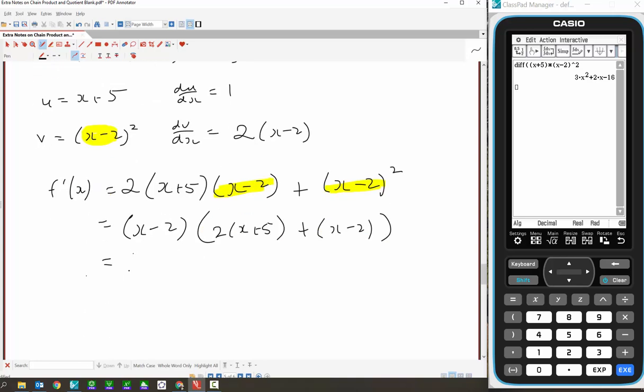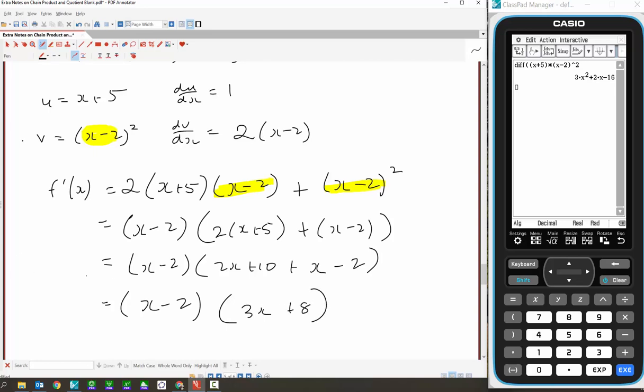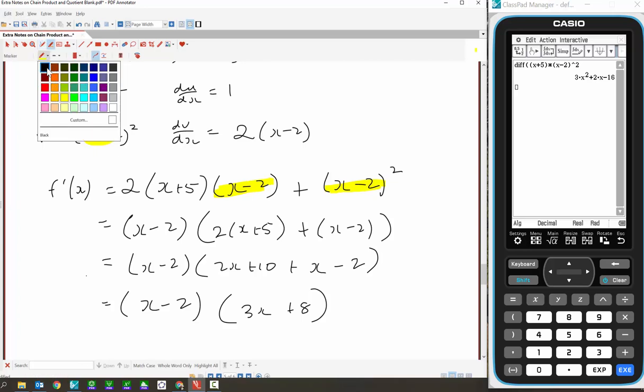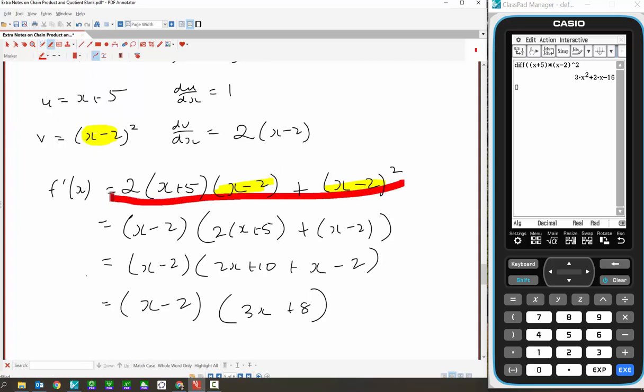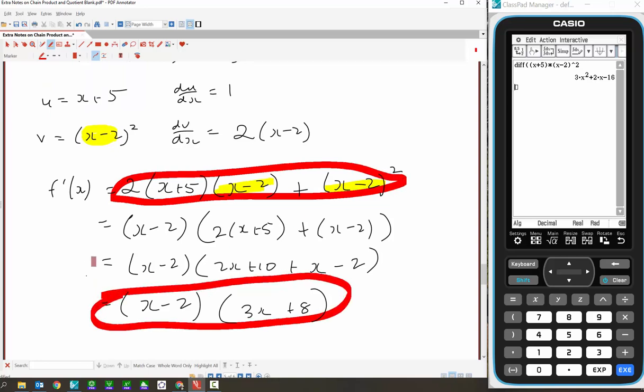Alright, now let's rewrite it, and let's collect up the like terms in this second bracket here. And there it is again. So that derivative there, this one here, is exactly the same as this derivative here.